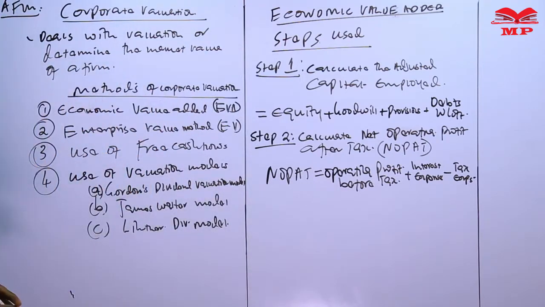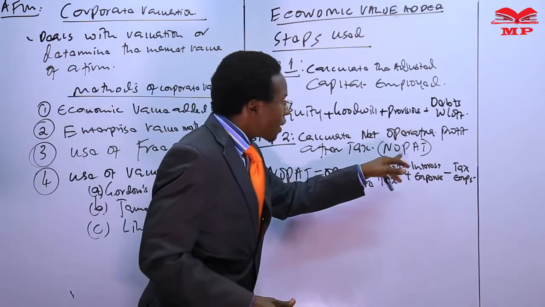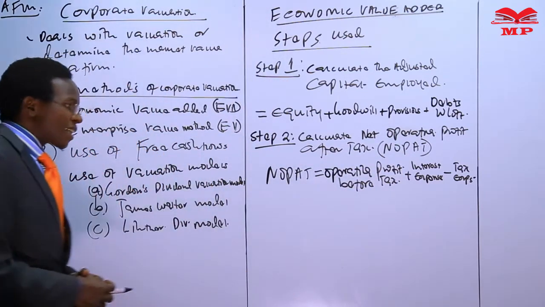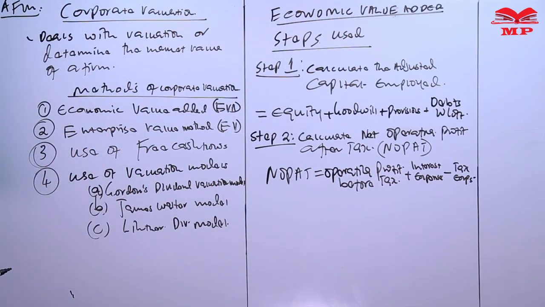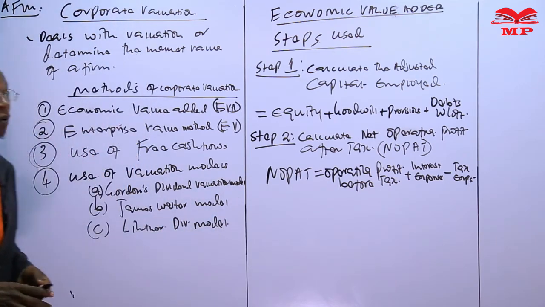That is how to get the NOPAT. We add back the interest expense, then we subtract the tax expense because interest expense is a tax allowable item.